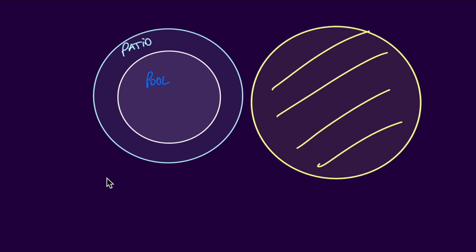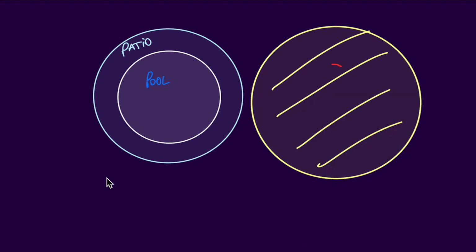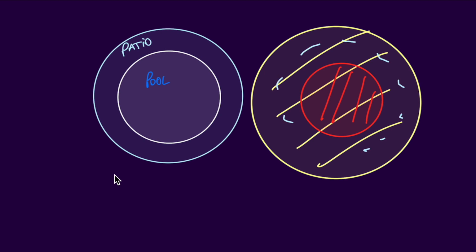And then you would figure out the area of the pool, whatever that is, and you would take the total area and subtract the pool, and that would leave you with the area of the patio. That's because there is no formula for this. So we have to take the entire area as if there was no pool, subtract the pool, that gives us the patio.